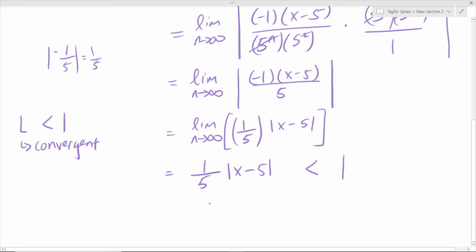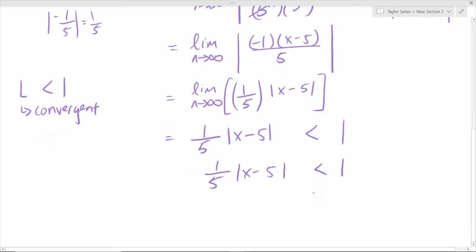So let's write that, and let's solve for it. Actually, not really solve for it, but let's put it this way. To find the radius of convergence, we know it's the absolute value of x minus a, some number a, being less than r in order for the series to converge.